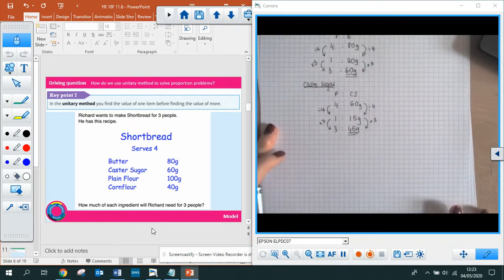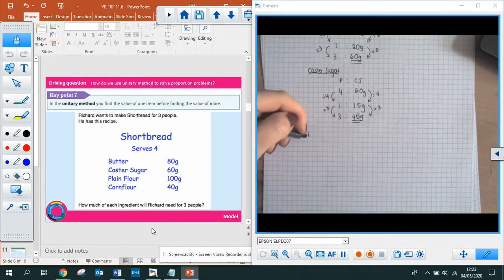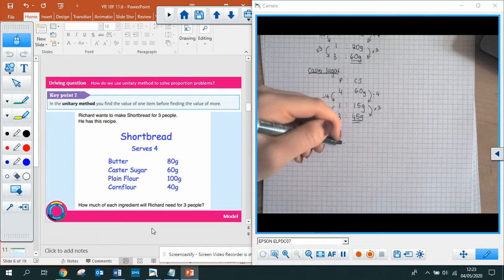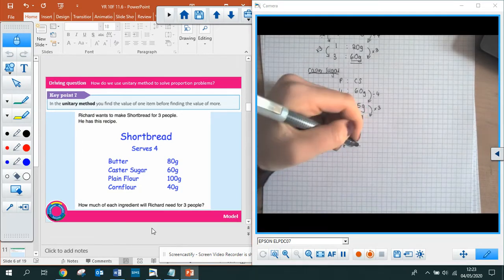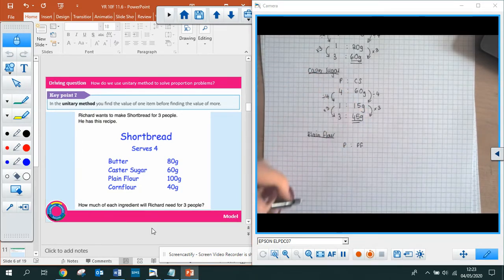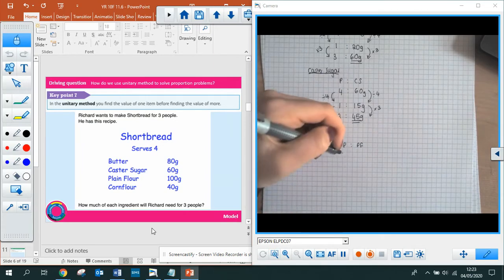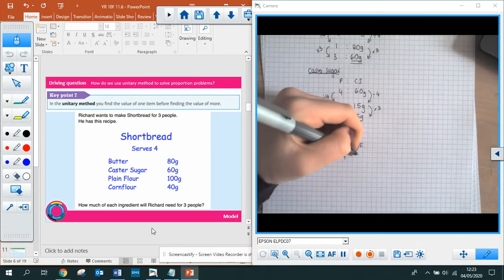Next, let's look at the plain flour. Hopefully you're seeing what we're doing here. We work out how much is needed for 1 person, and then we multiply that by the number of people they've asked us for. So plain flour, excuse my terrible straight lines. We've got the number of people to the amount of plain flour, and for 4 people it's 4 to 100 grams.